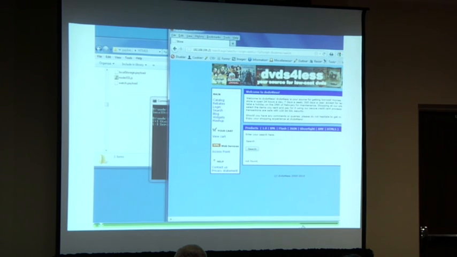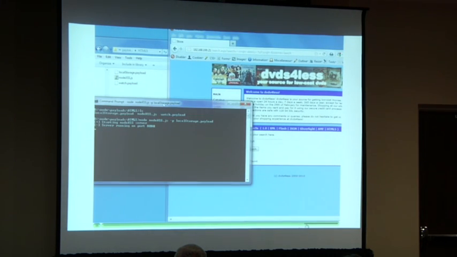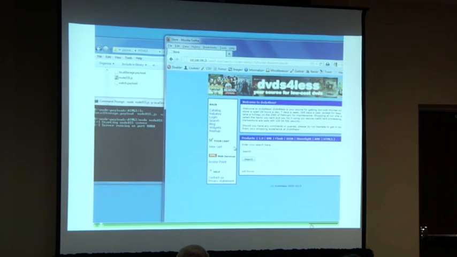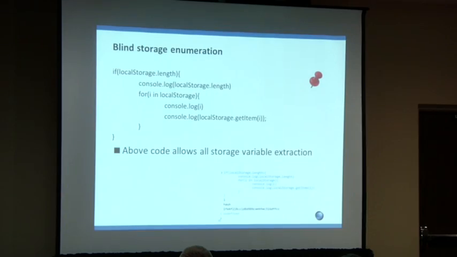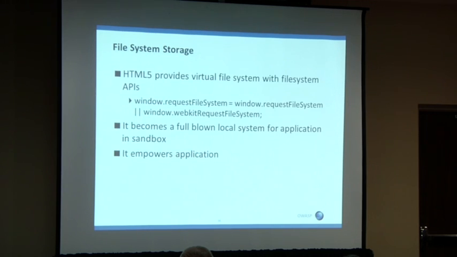Now instead of this, we say load this page, and that will take the hash value and send it to the site. So that's another feature, which is local storage.